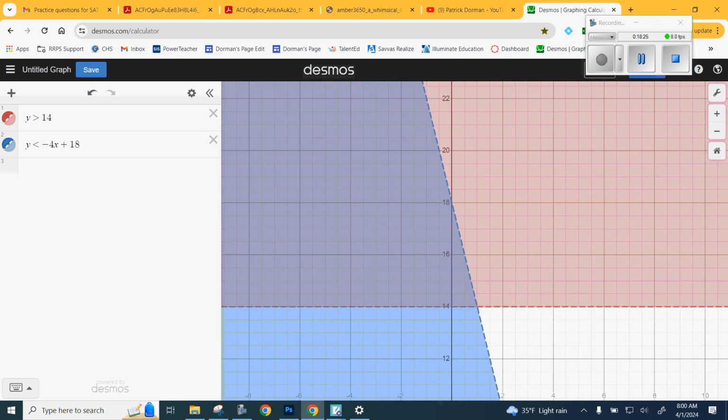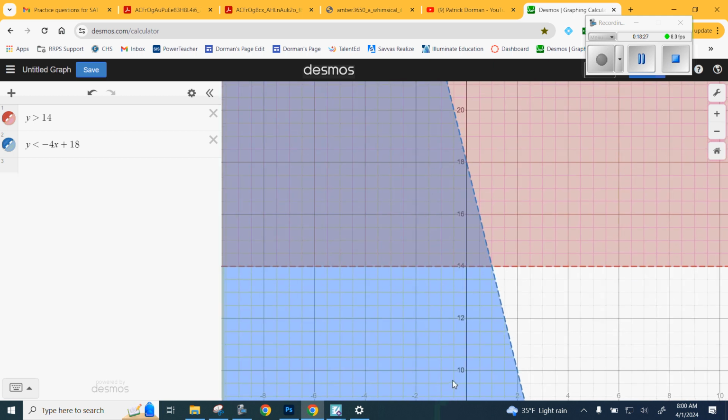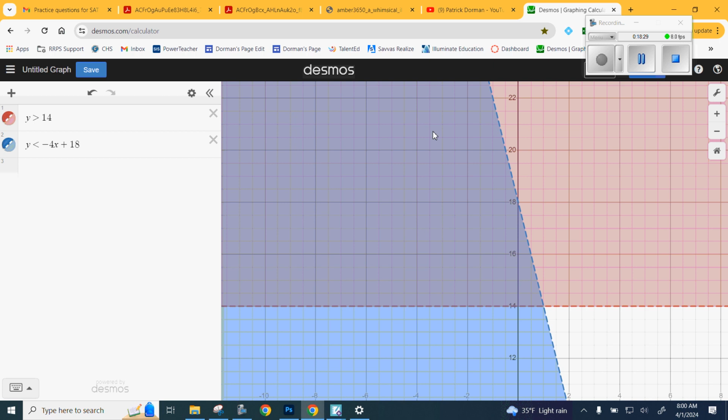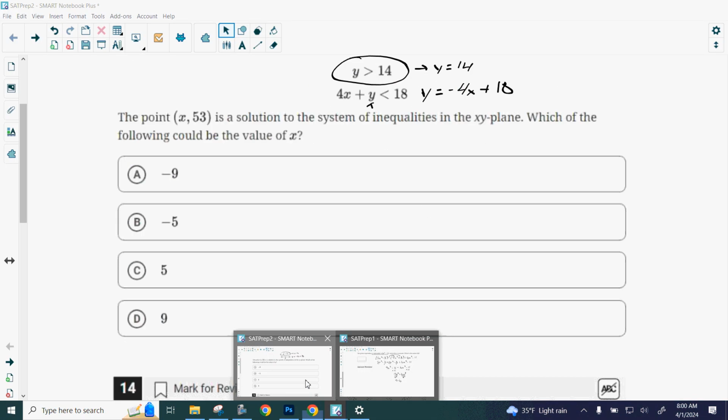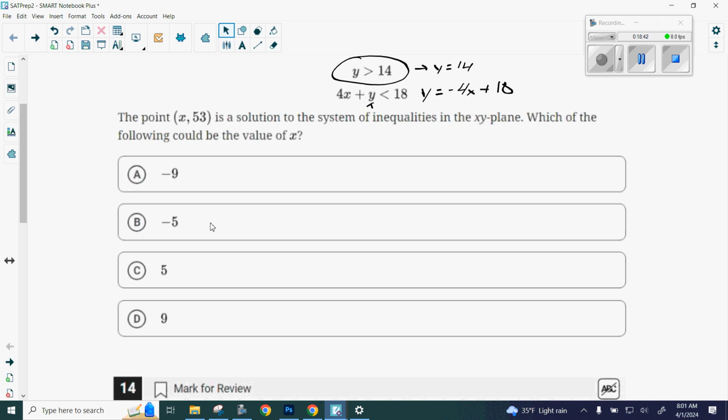So, anything that's in this darker shaded region is a possible solution. All right, so let's look at our possible answers. -9, -5, right?